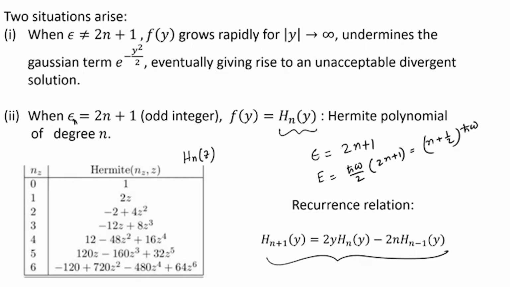This is how the energy levels of the harmonic oscillator are quantized, and n can take any value, n equal to 1, 2, 3 and so on, including 0. This n equal to 0 is called the zero point energy. So, the half h cross omega is a zero point energy, which is not equal to 0. In the sense that it is greater than 0, so even in the lowest energy state, the oscillator will have some finite energy, which is equal to half h cross omega.